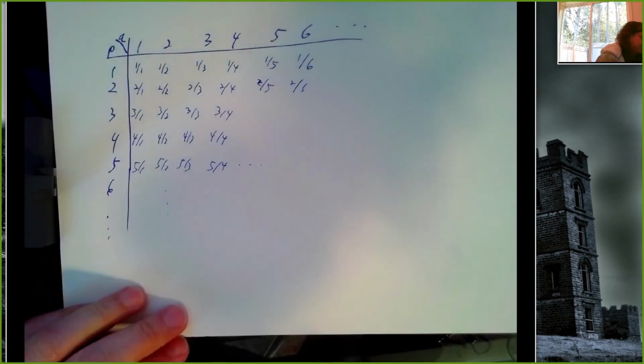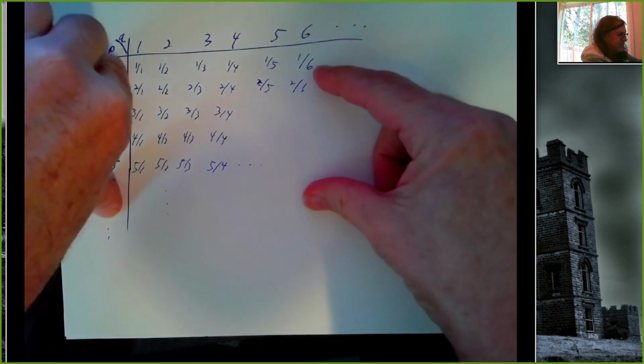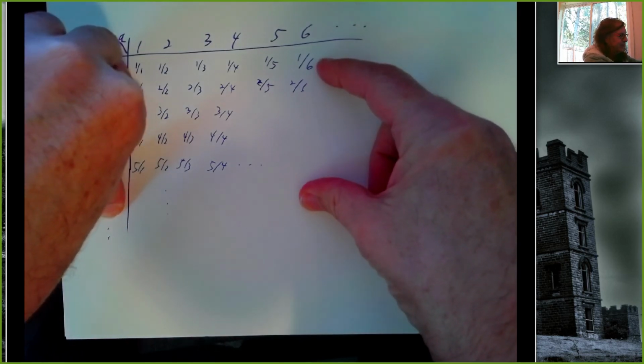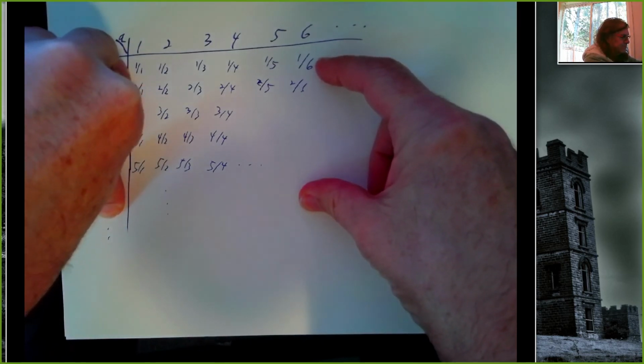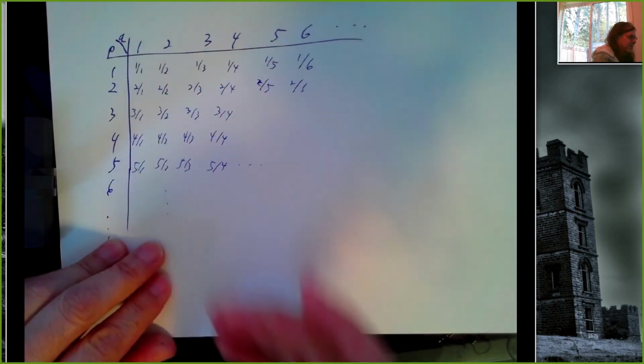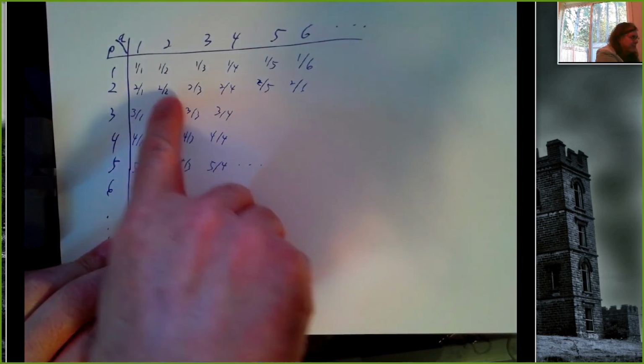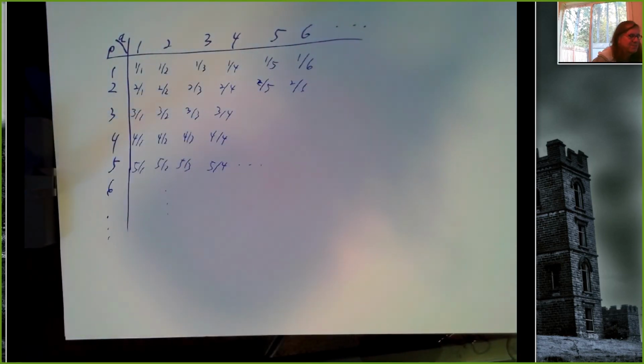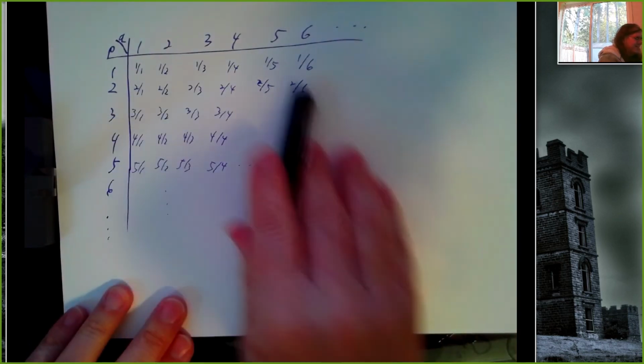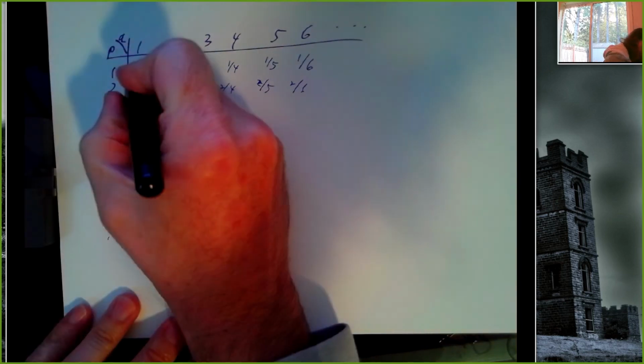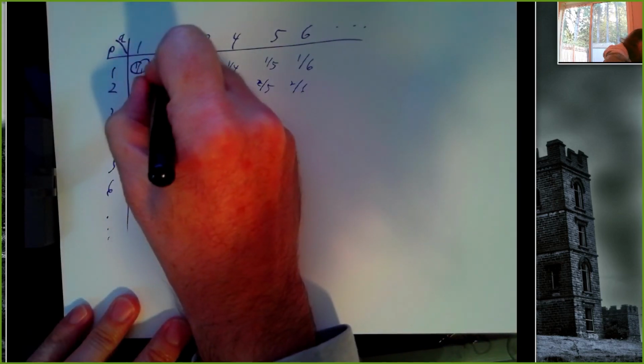And there's some repeats in here, but if we can map this set one-to-one with the integers, then we know we can map the rationals one-to-one, because we're mapping even more things, right? We're mapping 4 over 4 and 3 over 3 and 2 over 2, when in fact those are the same number. And to find a one-to-one mapping between this set and the set of integers, all we have to do is start off here and follow a pattern.